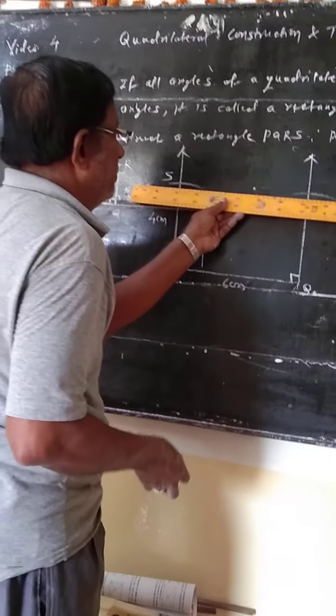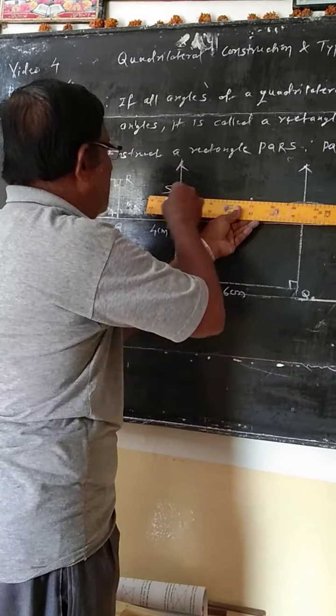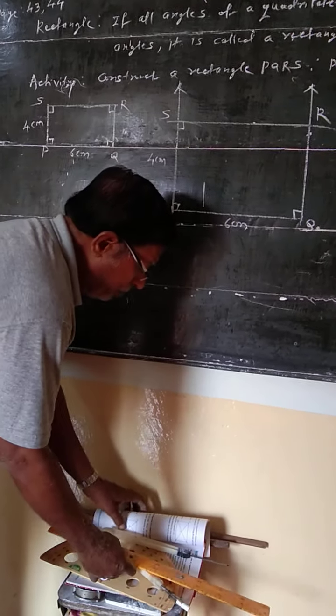Draw the line. This angle is also 90. And yes, we get the construction of quadrilateral PQRS.